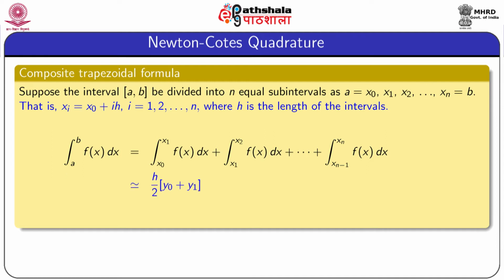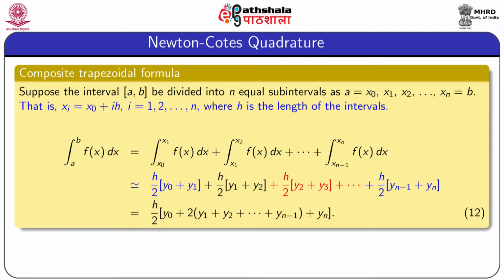For the first integral, the approximate value is h by 2 into (y0 plus y1), obtained from the trapezoidal formula. Similar values are obtained for the second, third and last terms, all calculated by the trapezoidal formula. After simplification this becomes h by 2 into [y0 plus 2 into (y1 to y(n minus 1)) plus yn]. So this formula, equation 12, is known as the composite trapezoidal formula.